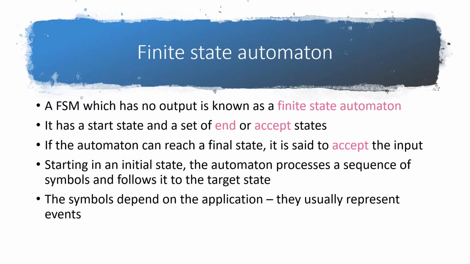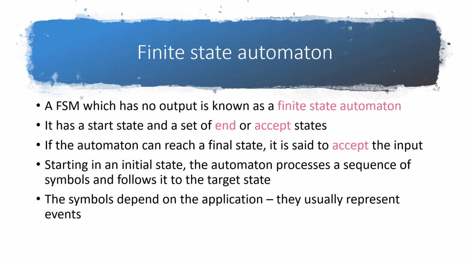Now you can have multiple accept states, but obviously you can only have one starting state. And if the automaton can reach a final state, it is said to accept the input. So based on the input that you've given it, if it finishes on one of the accept states, then we essentially say that the input is valid, right?